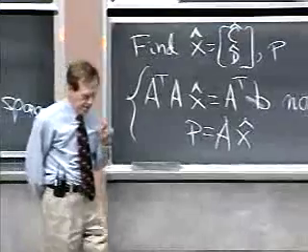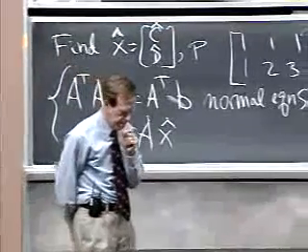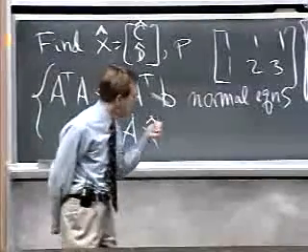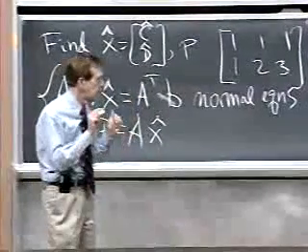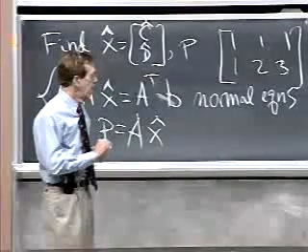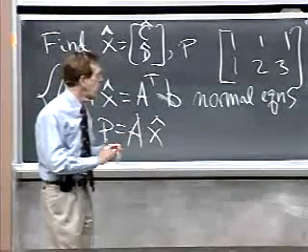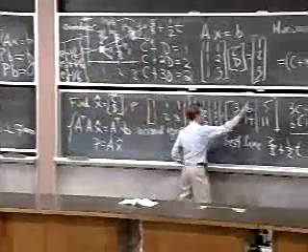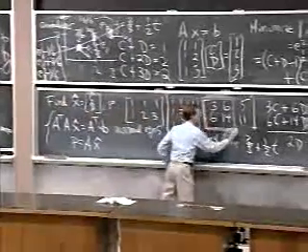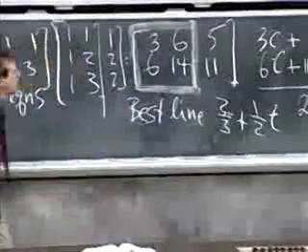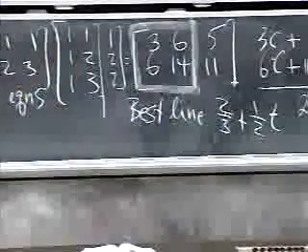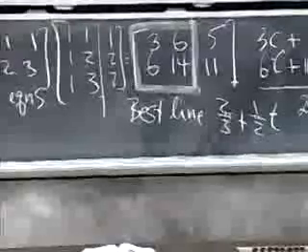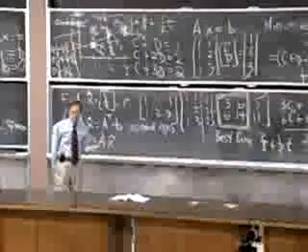Now, can I put in a little piece of linear algebra that I mentioned earlier, but I never did right? And I should do it right. It's about this matrix A transpose A. I was sure that that matrix would be invertible.